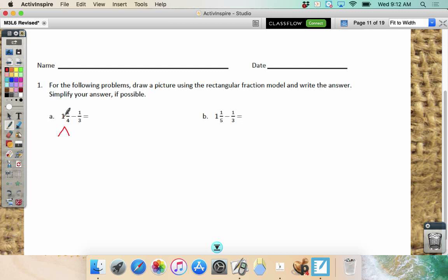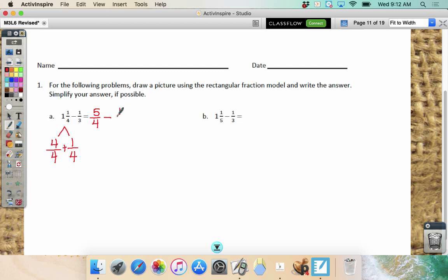What would the 1 be as a fraction? 4/4. And then my fraction is 1/4. So what does that give me as an improper fraction? 5/4. And when we get down toward the bottom, I'll teach you the little trick if you weren't here yesterday.